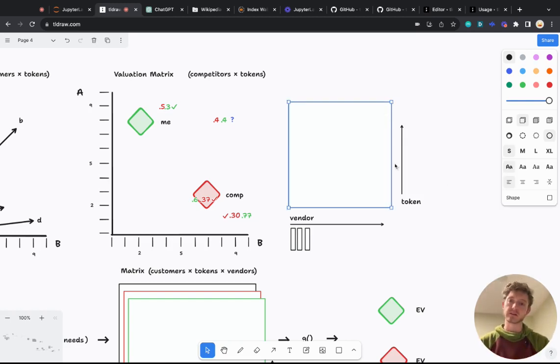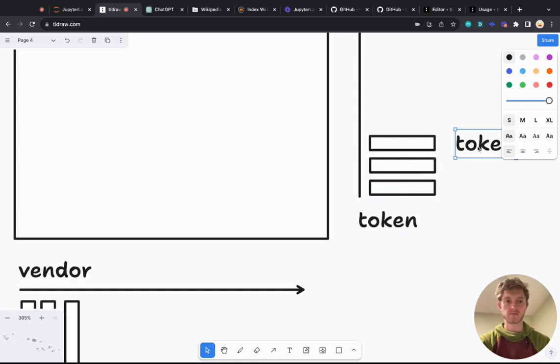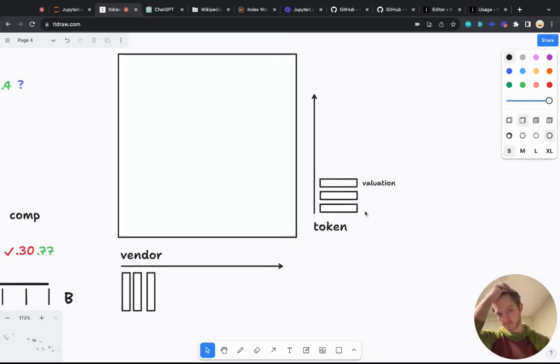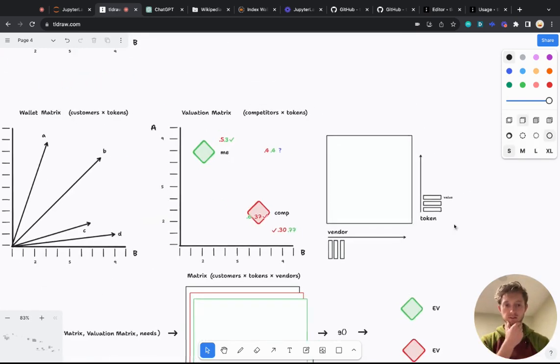Right. And so then there's going to be some valuation, or value, given to each token.